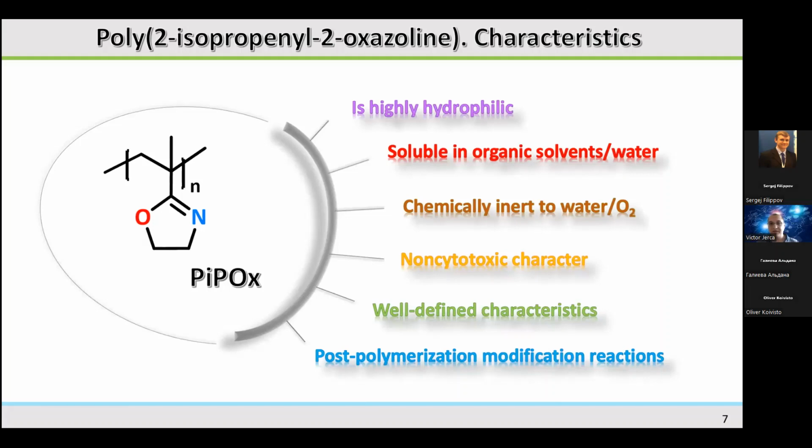It is chemically inert to oxygen and to some extent to water. It has non-cytotoxic character. We can obtain it with well-defined characteristics, mainly by anionic polymerization, but also recently by ATRP or ZLRP. And what is very important, you can perform post-polymerization modification reactions on it with carboxylic acids.